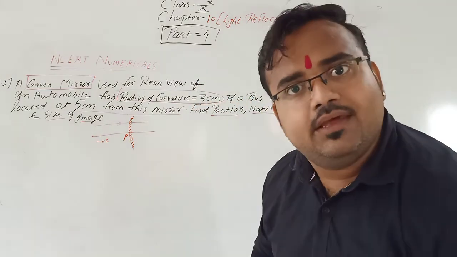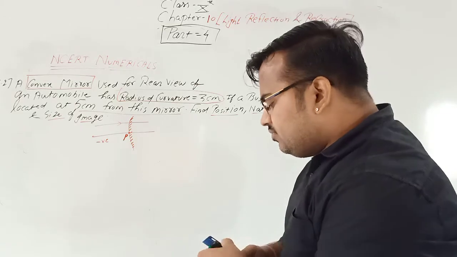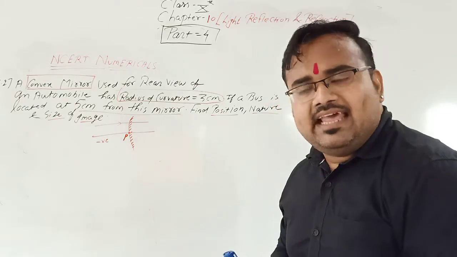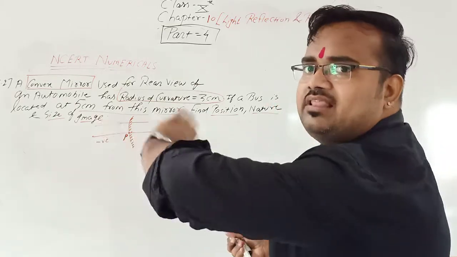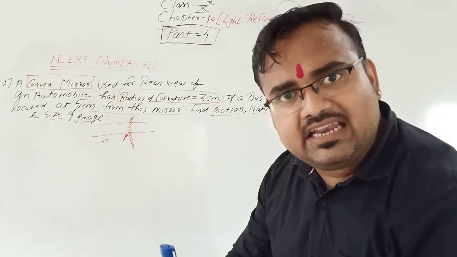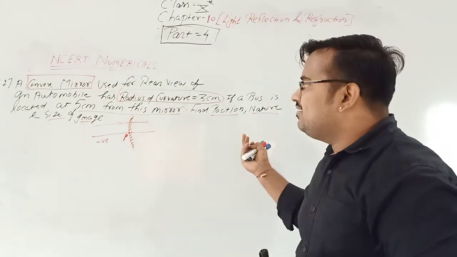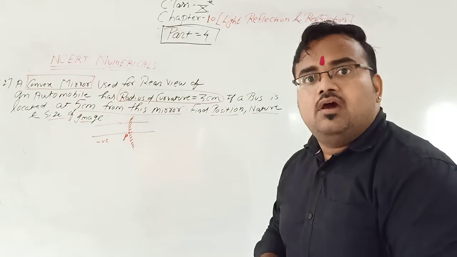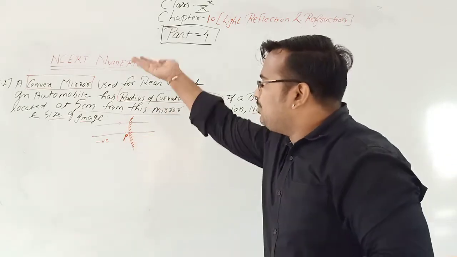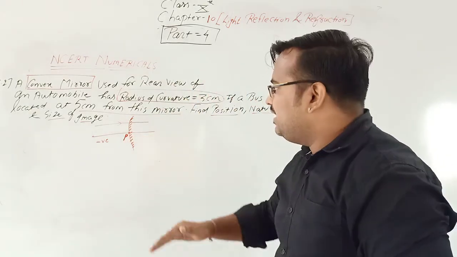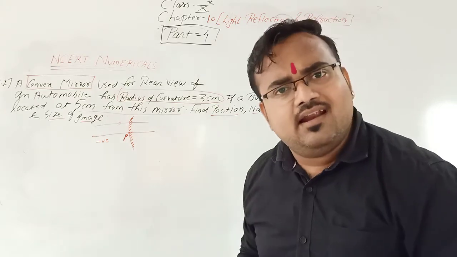You can keep it in your mind that all the distances towards left hand side of the mirror are negative, all the distances towards right hand side are positive. All the heights above the principal axis are positive, all the heights below the principal axis are negative.